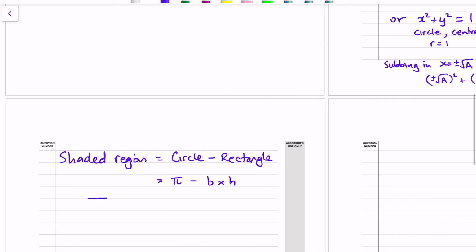So thinking about what this rectangle looks like, it's got a base of 2 root a, because the vertical lines are x equals minus root a and positive root a.